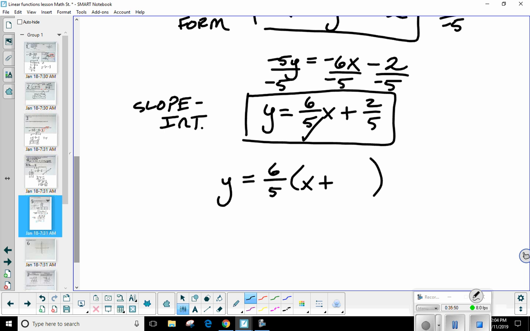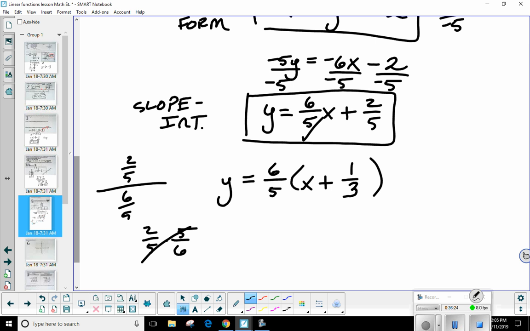And here's the thing, this trick always works, but people have trouble, especially when they're dealing with fractions. Whatever it is you need, take that 2/5 and divide it by what you're pulling out, the 6/5. That works every time. So I'm dividing by 6/5, so what's that mean? That would be 2/5 times 5/6. Because the 5s are going to cancel. What is 2/6? 1/3.